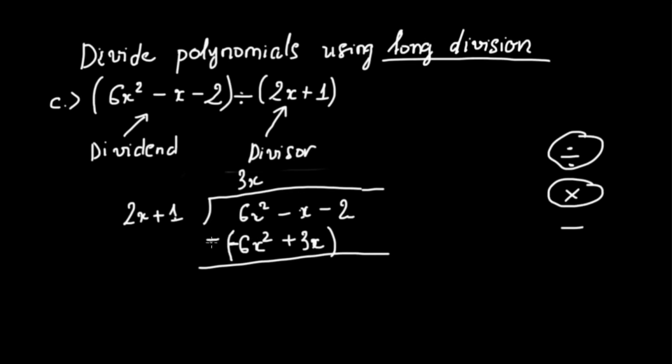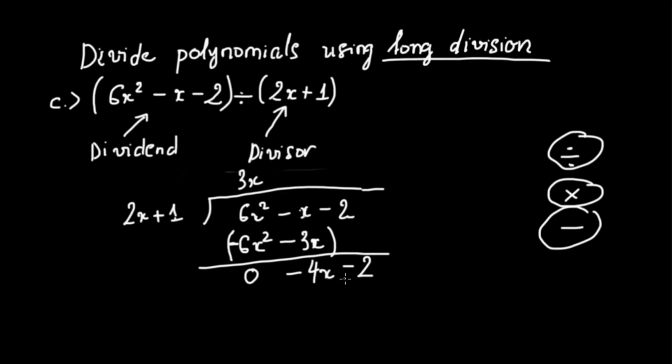And -1 times +3x, you got -3x inside. Then you eliminate this one. Now you add these expressions together. So 6x squared plus -6x squared, you got 0. And then minus x, subtract 3x, you got minus 4x. And -2, you put it down.